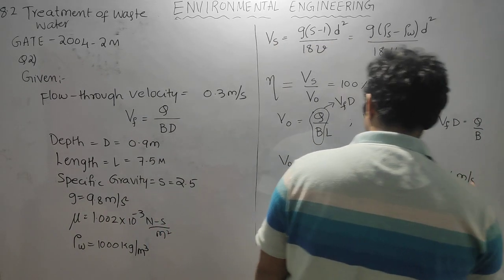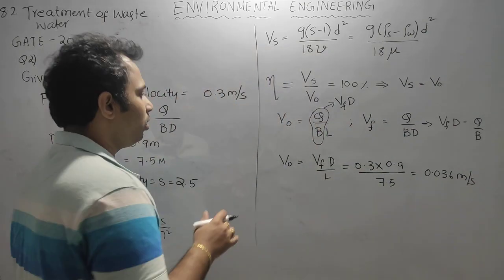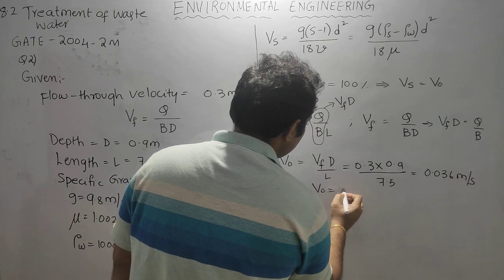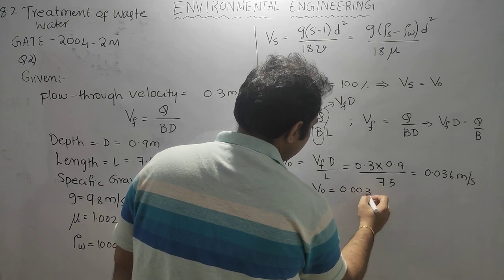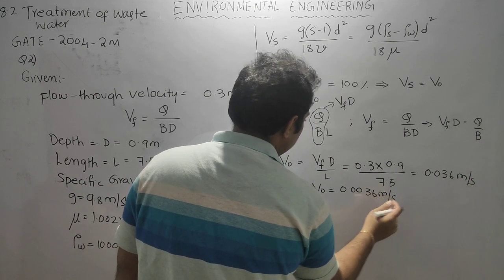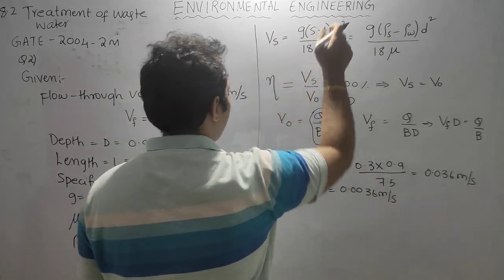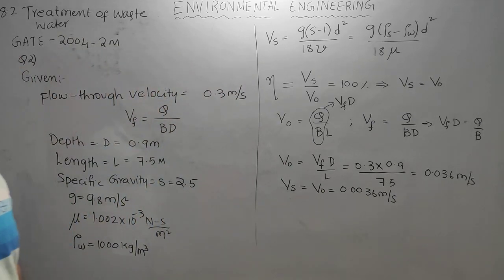So this is the V naught value, and it is nothing but Vs. Now this Vs value you will bring here, put in all the data given, and we can find the D from there.